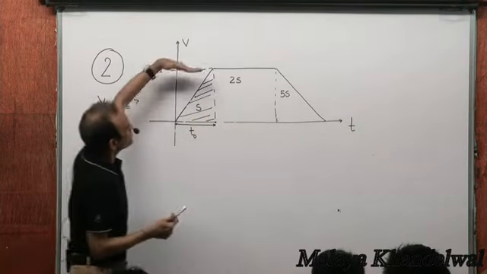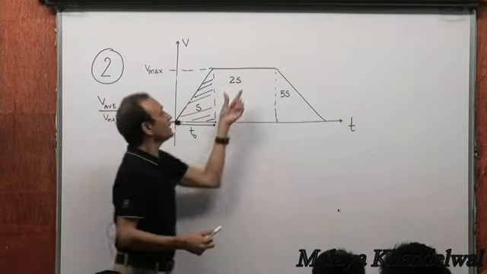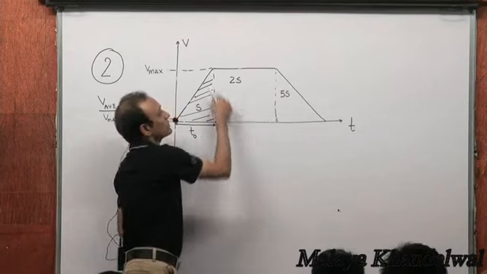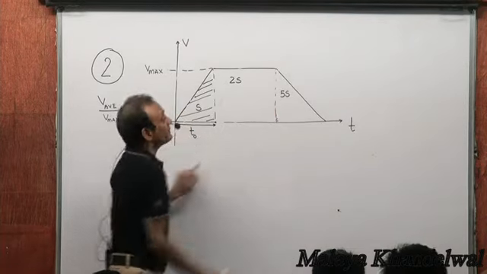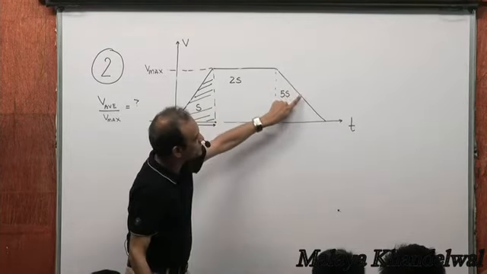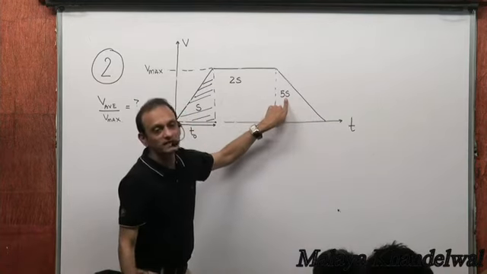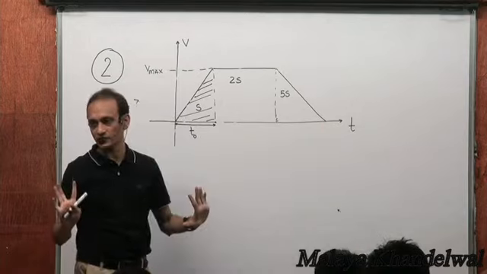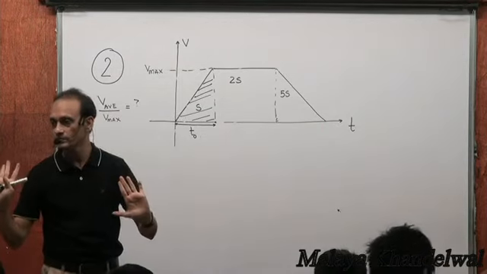Next, it moves with uniform velocity and undergoes a displacement 2s. That means area of this rectangle is 2s. And then it undergoes a uniform retardation and then executes a displacement of 5s till it comes to rest. That's what is given in the problem. Did you understand the problem?